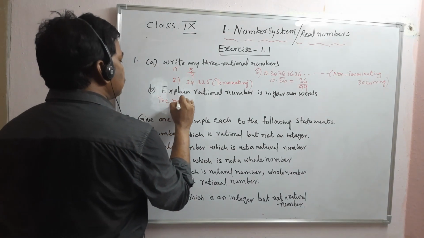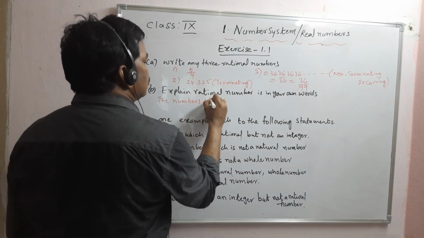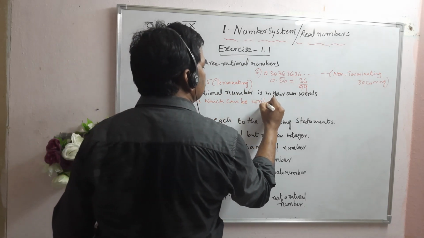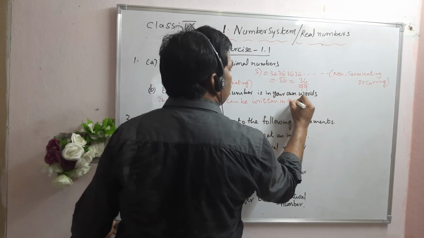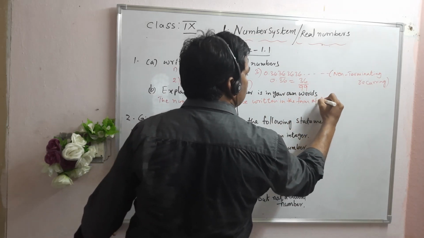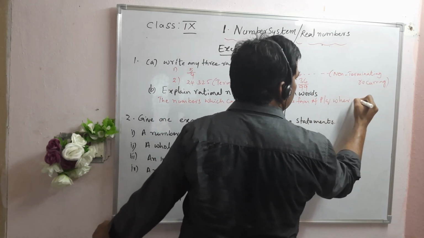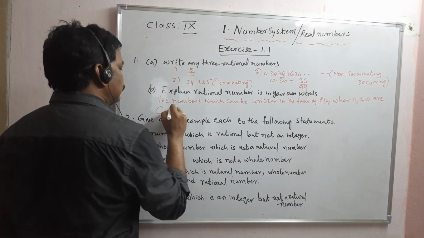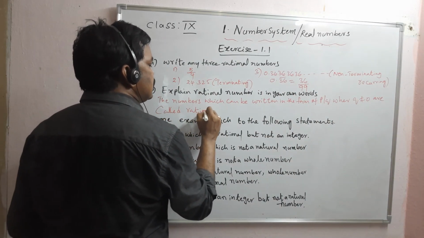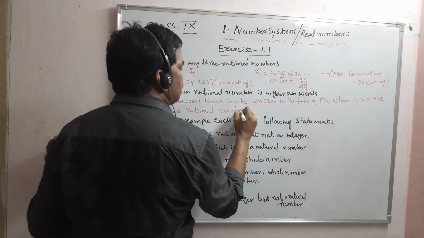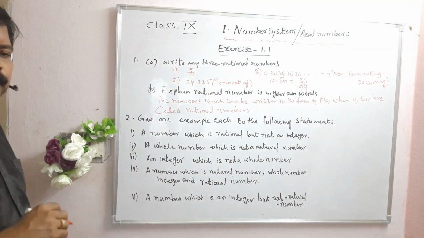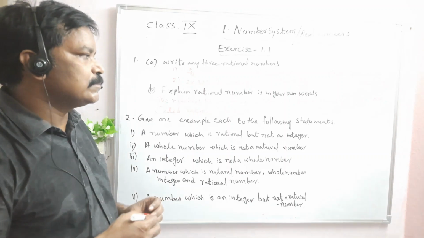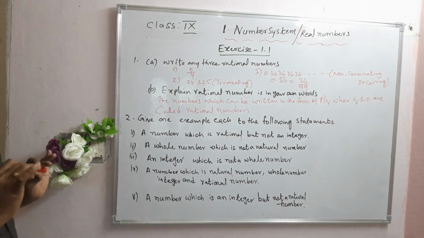The numbers which can be written in the form of p by q, where q is not equal to 0, are called rational numbers. Understand, children? Or numbers having perfect square roots are called rational numbers. Right. B is over.